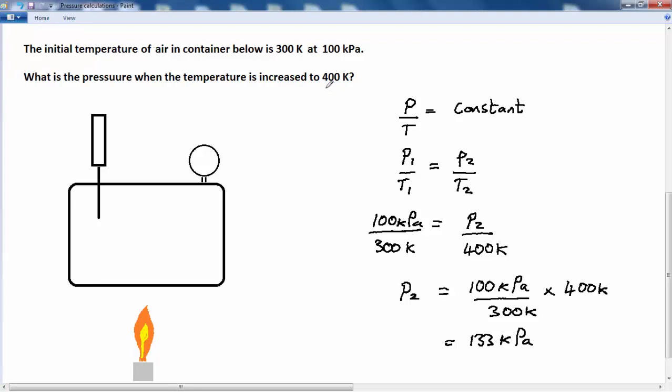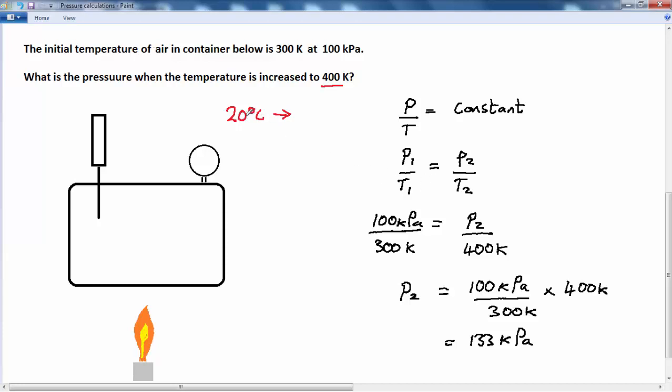Now, the one thing that I should point out for you here is that it's quite possible that in an exam question, the examiner may try to trick you. For example, in a problem like this, where you're given the temperatures in degrees Celsius. So, for example, if they say that the starting temperature is 20 degrees Celsius, then you must convert that into Kelvin before you plug it into this equation.